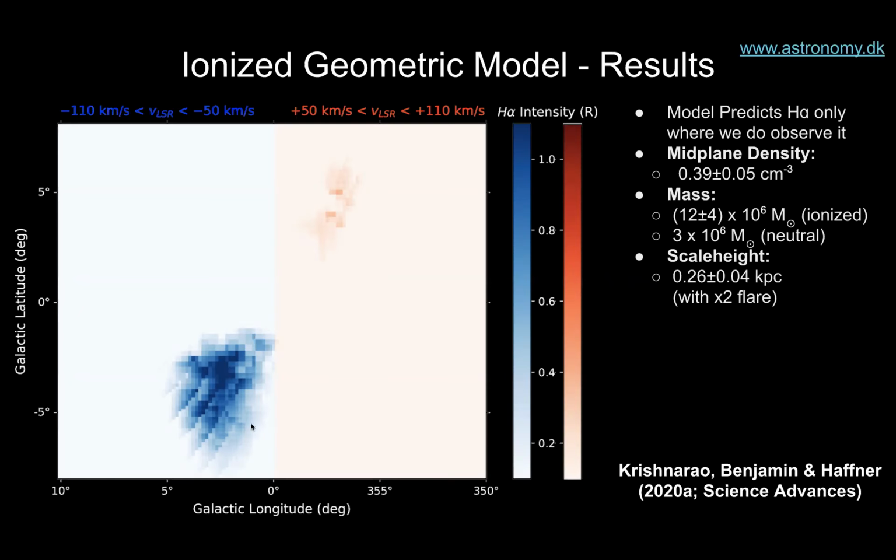And we find that the ionized gas mass is probably higher than the neutral gas when we're just considering atomic hydrogen, a factor of about 2 to 3 higher in terms of ionized gas than neutral gas. It also has a pretty large flaring scale height as you get farther out in radius. So it's about twice as thick on the outer edges of it than the inner parts. And generally we think of it as a ring as opposed to a full disk.